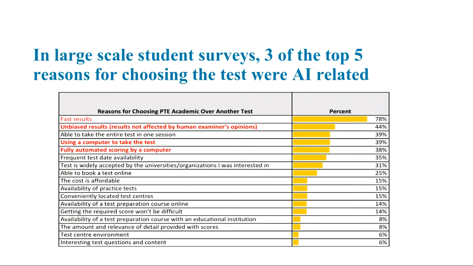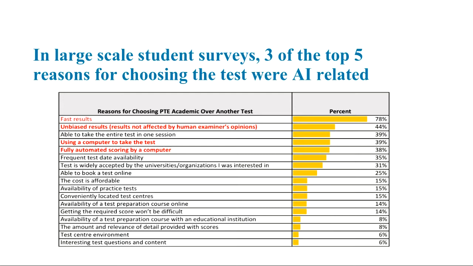A quick survey that was done a couple of years ago asked people why they choose to use computer-based testing or AI-based testing. People are increasingly voting with their feet. There was a time when people were far more nervous about using computers in assessment and felt that somehow it was a bit of a novelty.